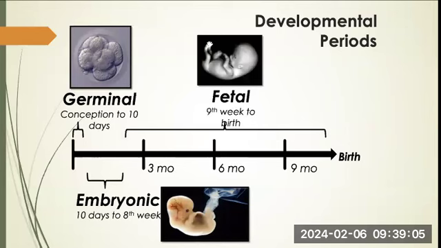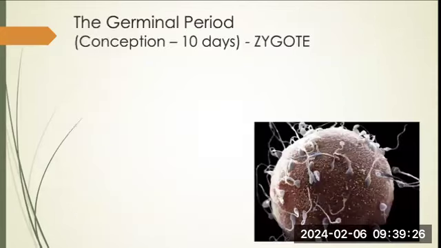So it's the fetal period that most people are familiar with when they start talking about the different trimesters. But as far as the developmental component, we are actually looking at germinal, embryonic, and fetal. So you should be aware of when it starts, when it ends, and what the major developments are that happen in each stage.